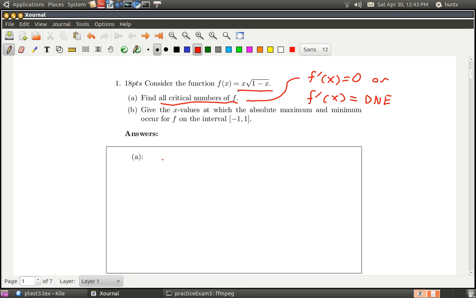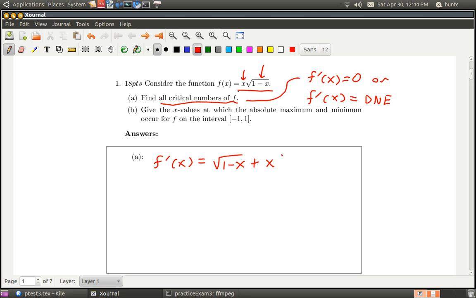Let's use the product rule. So f prime of x is going to be equal to the square root of 1 minus x. Okay, so this first little x just disappeared. That's what happens in the product rule. And now I say plus and leave that little x alone. And now I take the derivative of the second part.